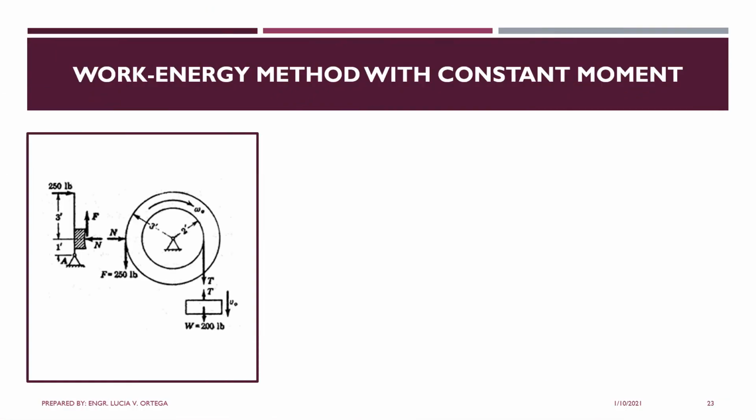For this, we need to draw the free body diagram. So first, the free body diagram of the brake lever. The reacting forces would be the normal force and the frictional force. Then it will be transferred to the pulley.